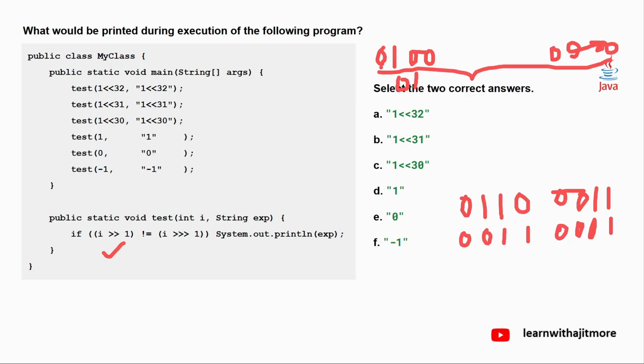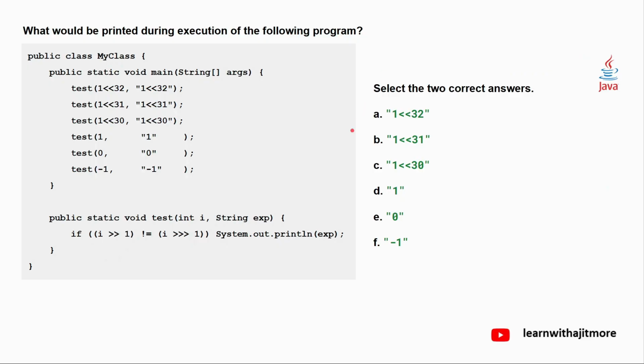Why? Because when the sign bit is 0, guys, whenever the sign bit is 0, you shift it by 2 greater or you shift it by 3 greater, the answer is going to be the same.